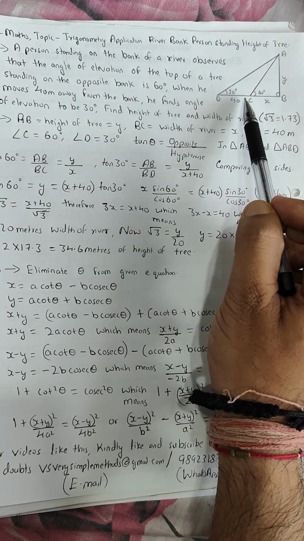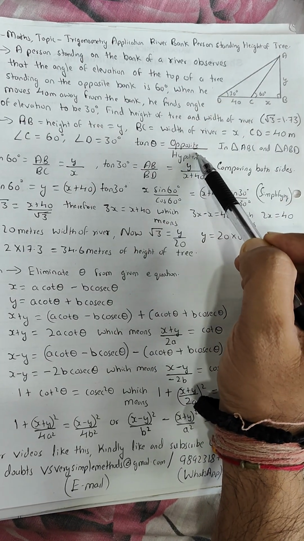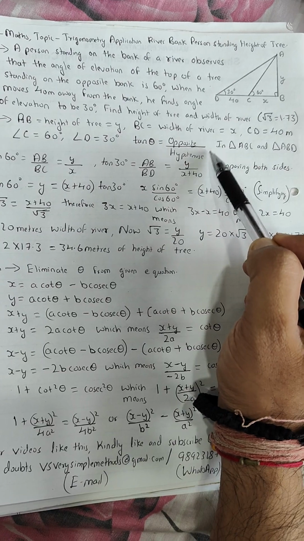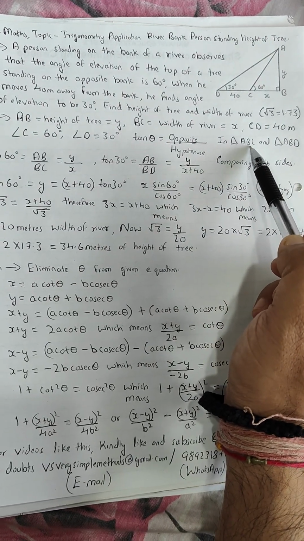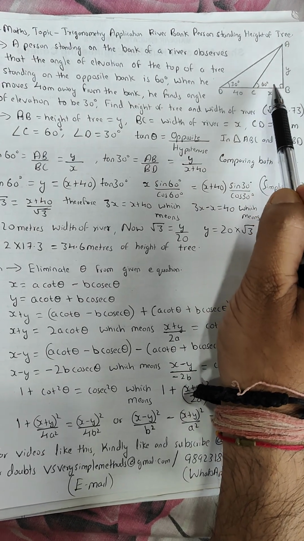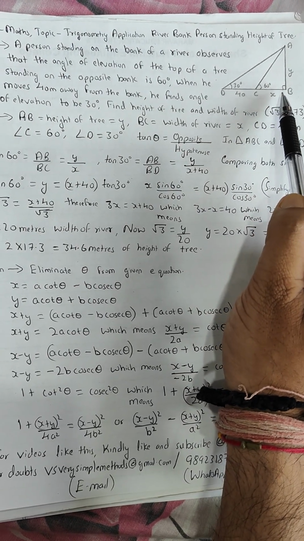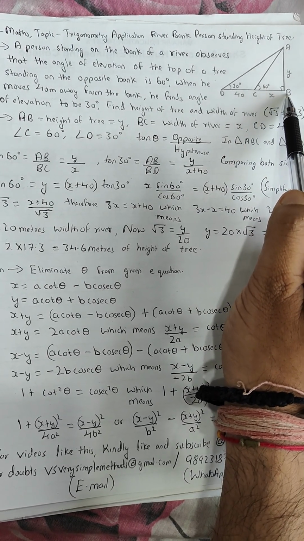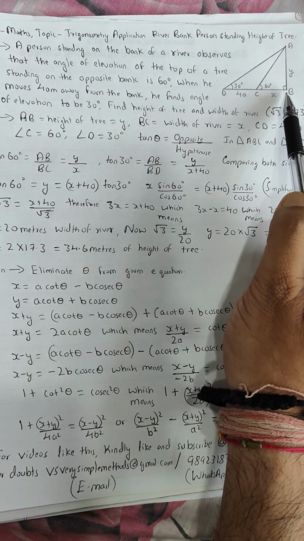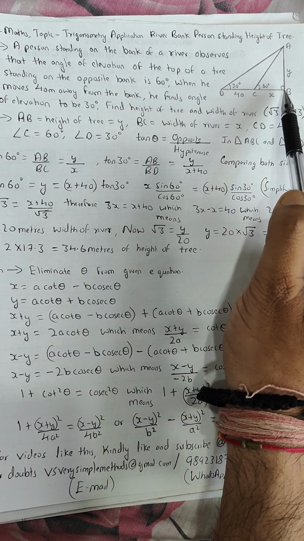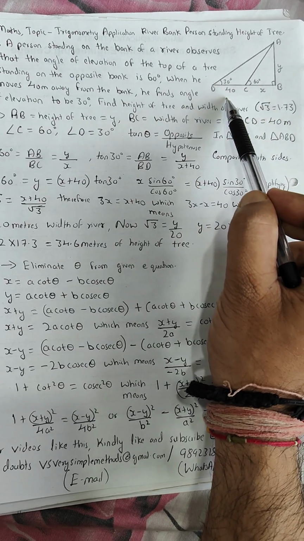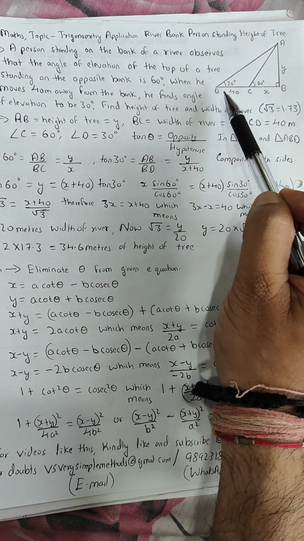So what we can have over here is tan theta is opposite upon adjacent, the standard formula for tan. Now one more thing we need to assume here is that the tree is standing erect at 90 degrees. Therefore, trigonometric ratios can be applied in these triangles. First of all, we'll try triangle ABC and then we will try triangle ABD.